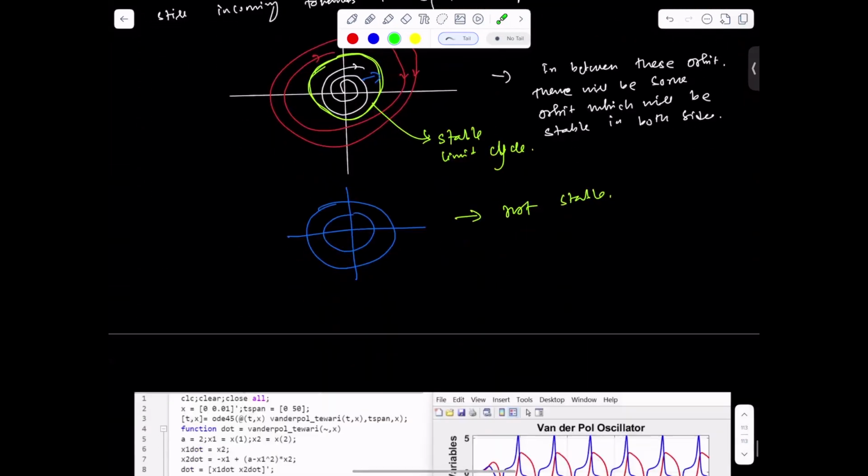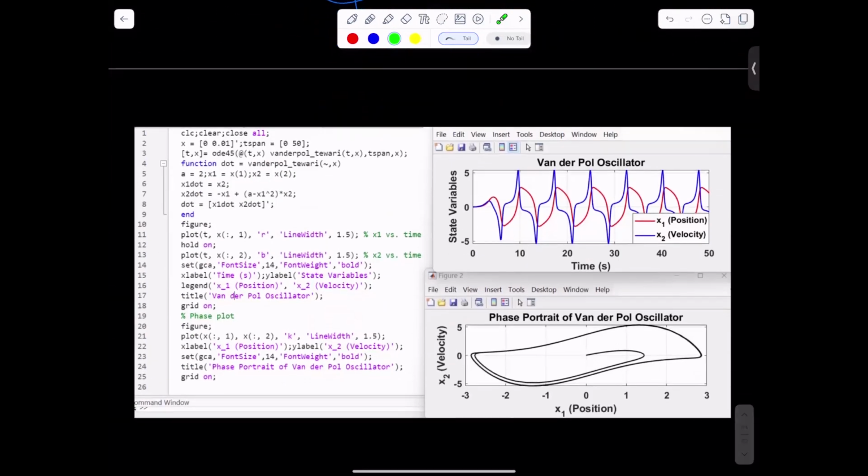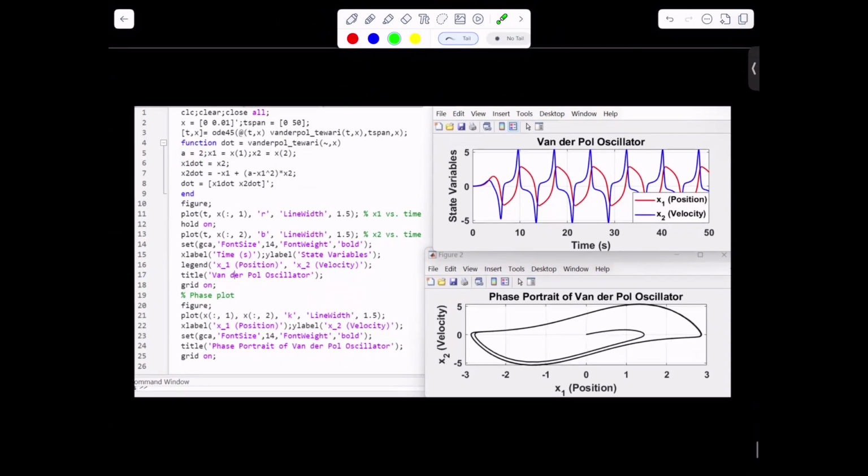Here we have taken this example for a equal to 2. Now you can try in your MATLAB window: take a less than 2 and a greater than 2.